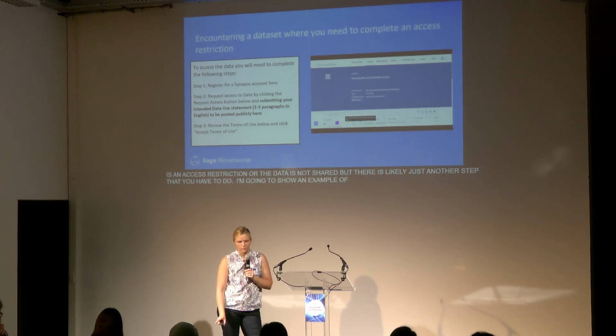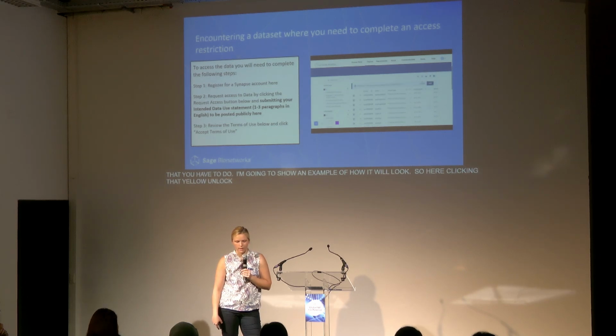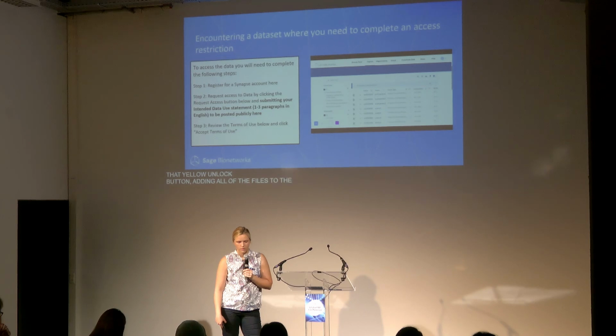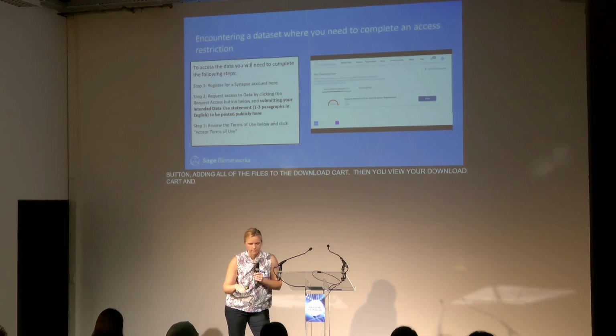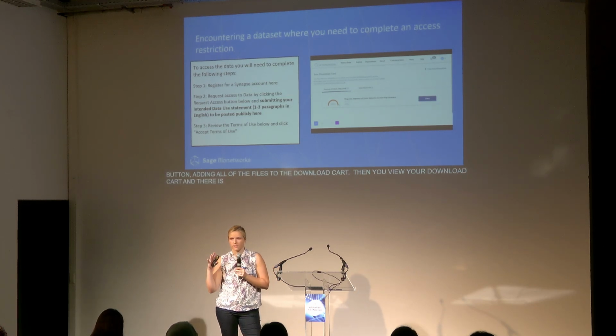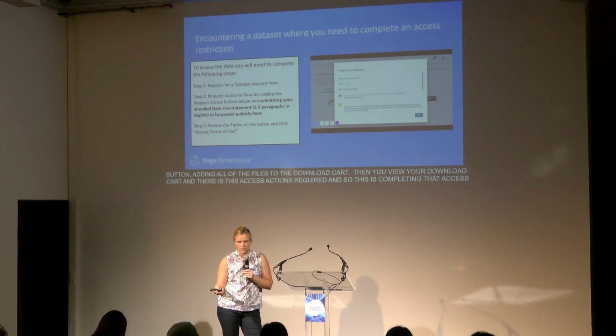So here, clicking that yellow unlock button, adding all of the files to the download cart. Then you view your download cart, and there is this access actions required, and this is completing that access restriction for all of the files at once.